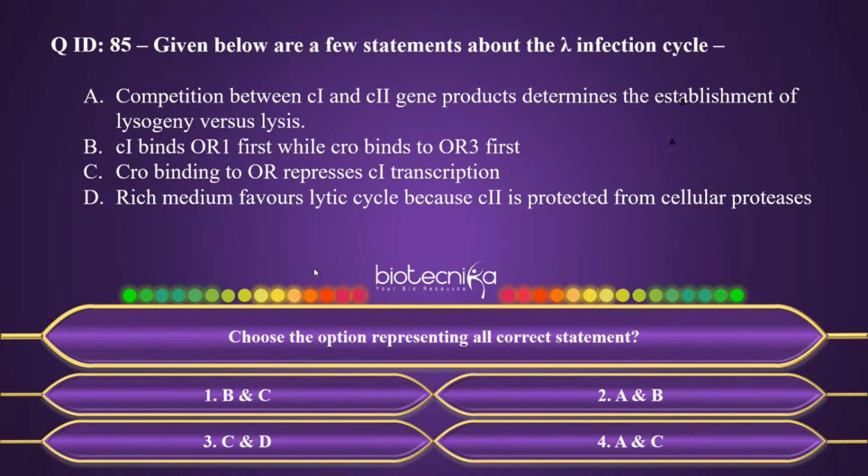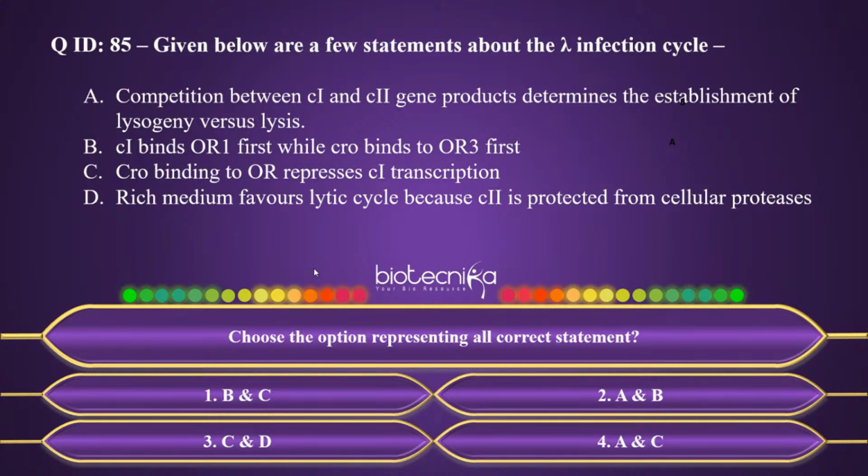So when the bacteria has to decide whether to go through the lysogenic cycle or lytic cycle, there are some key components in the gene which play a role here, right? Accordingly, these options are given.